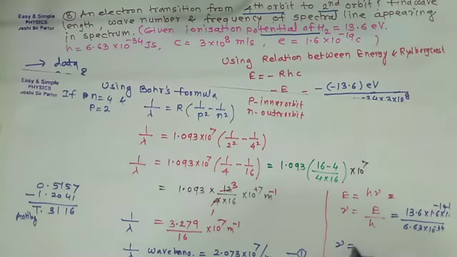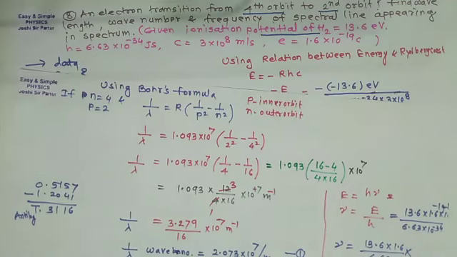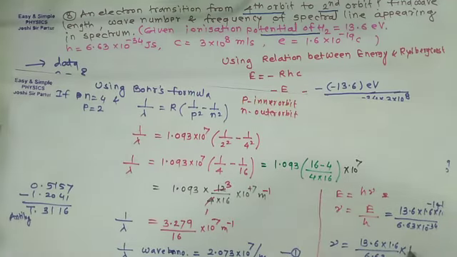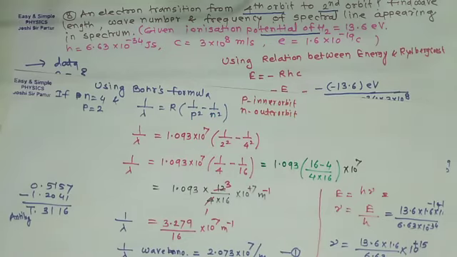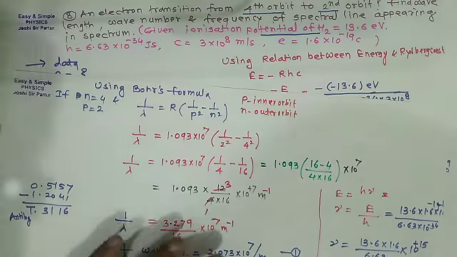So nu is equal to 13.6 into 1.6 upon 6.63 into 10 raised to plus 15, because 34 minus 19, they are added, 15 is there.